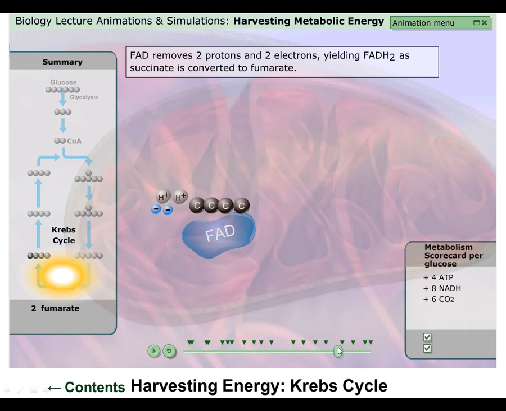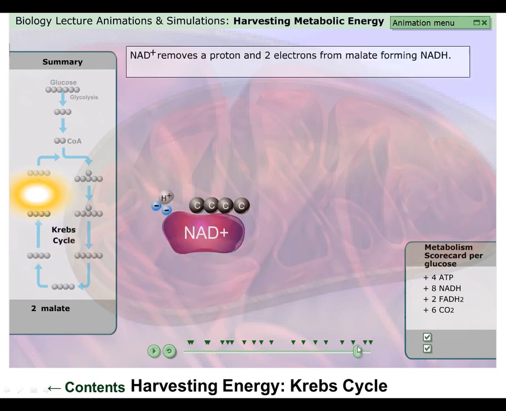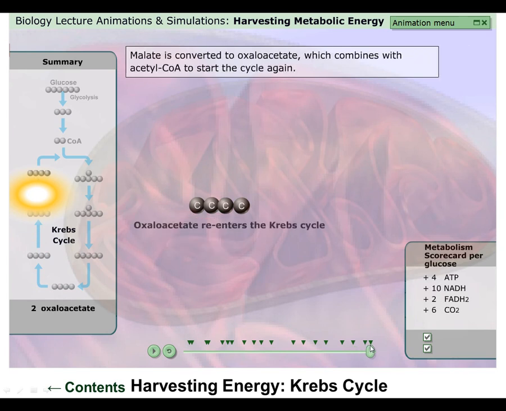Notice how it's picking up 2 complete hydrogen atoms to form FADH2. And a little bit more processing, and we get another molecule of NADH. Alright. And then it's called a cycle, just like we've learned before. The end product is what starts a new round of the Krebs cycle. What questions do you have about the Krebs cycle at this point?